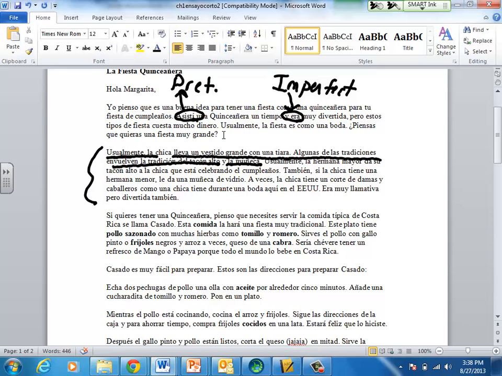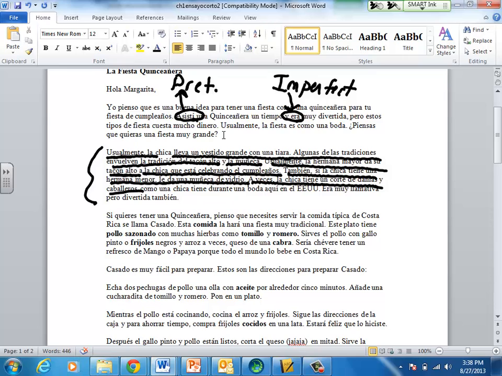involve the tradition of the tacón alto and the doll. Usually the older sister gives her tacón alto, or her high-heeled shoes, to the girl that is celebrating the cumpleaños. Also, if the girl has a younger sister, she gives a glass doll.